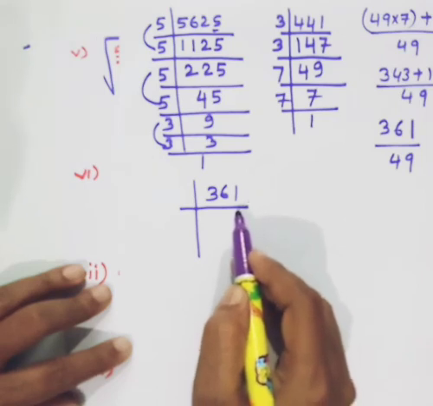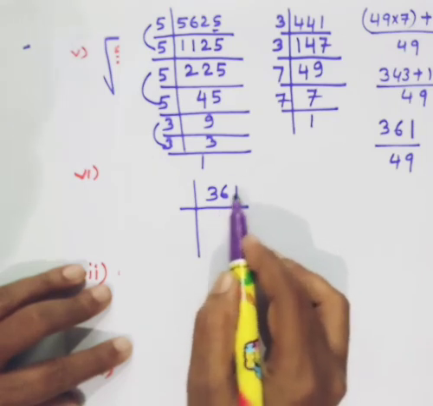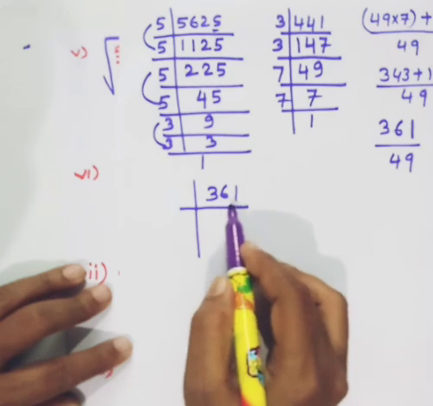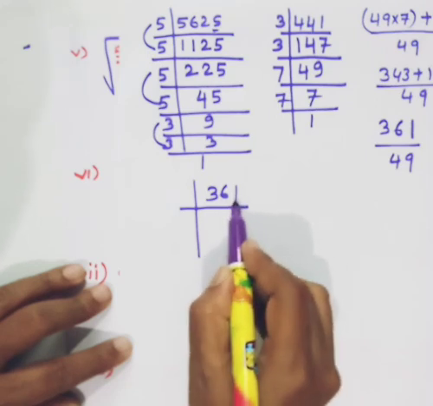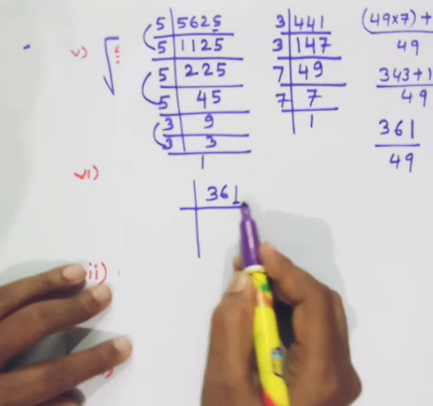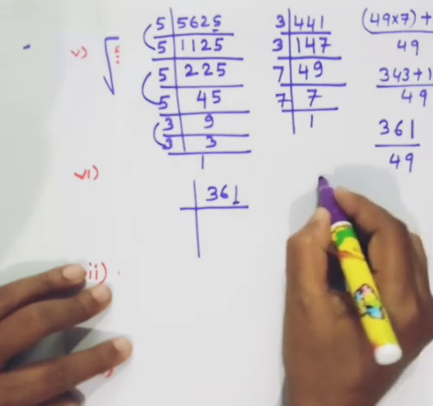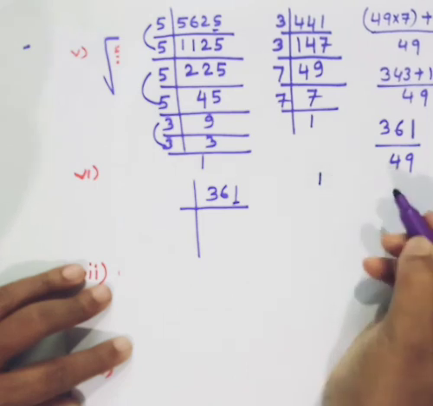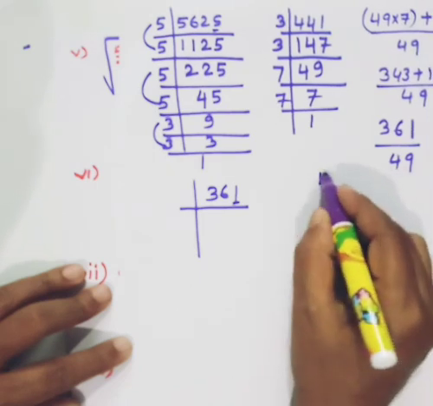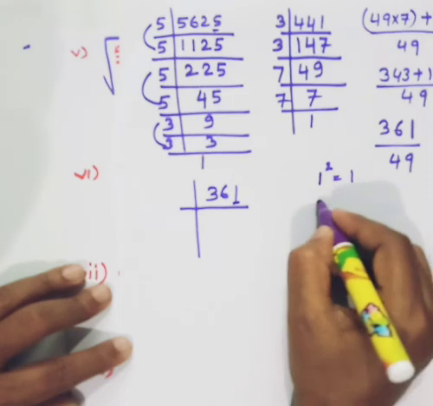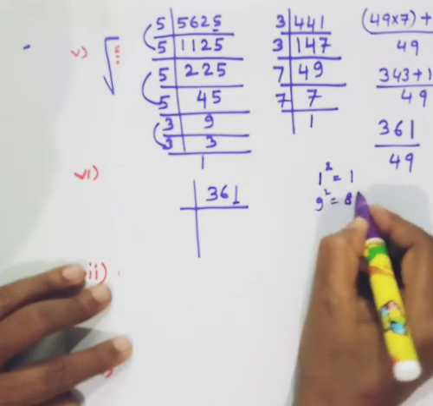So you try to estimate what will be the square root of this number. Since there is 1 in the units place of the square number, you will have either 1 or 9 in the units place of its square root, because 1 square is 1 and 9 square is equal to 81.